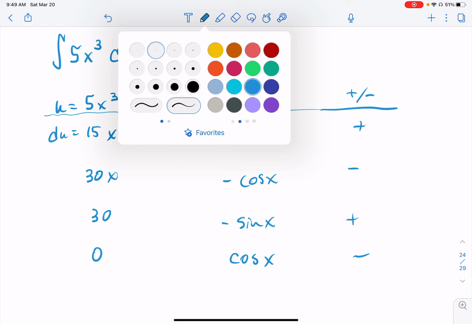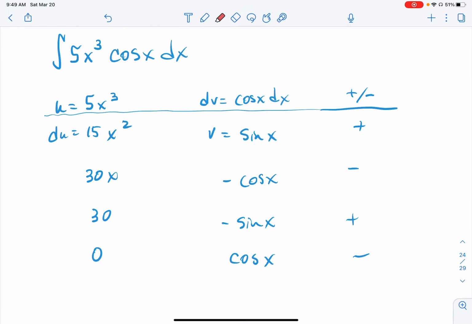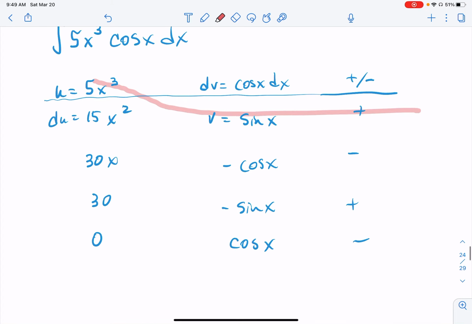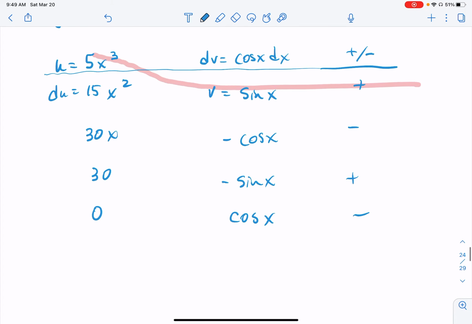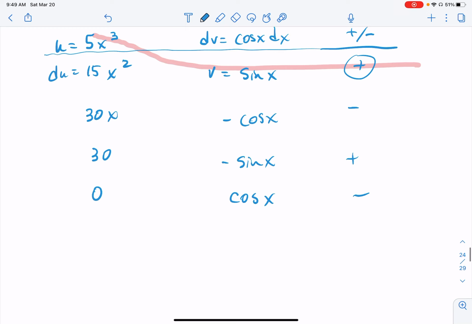All right, so now let me do this with the highlighter. We're going to start with the u. Remember that integration by parts is a uv. So you go with your u to your v, and it is 5x to the third times sine x times positive 1, essentially just meaning that you don't change your sign.